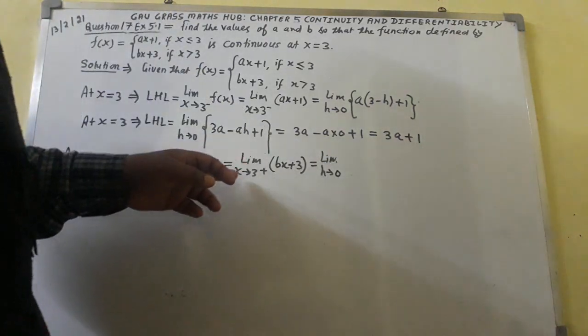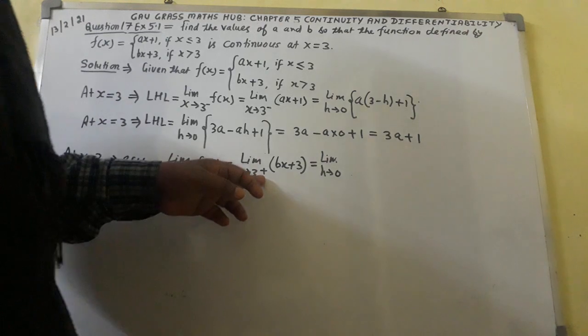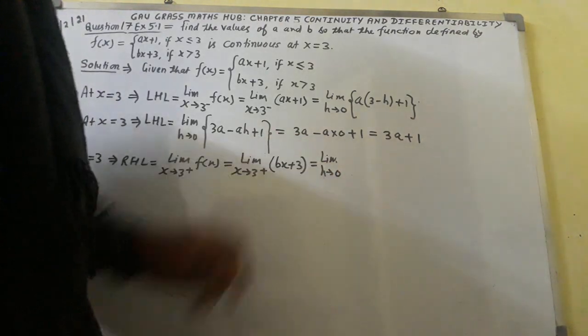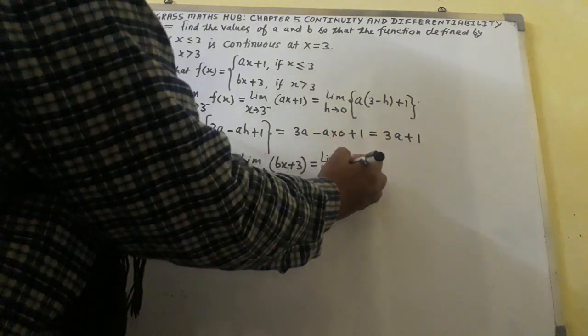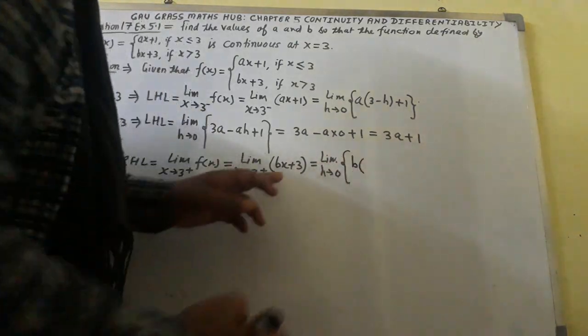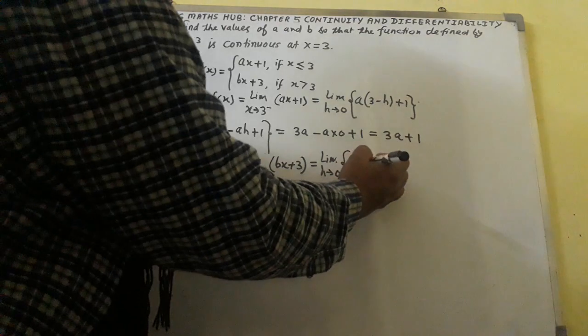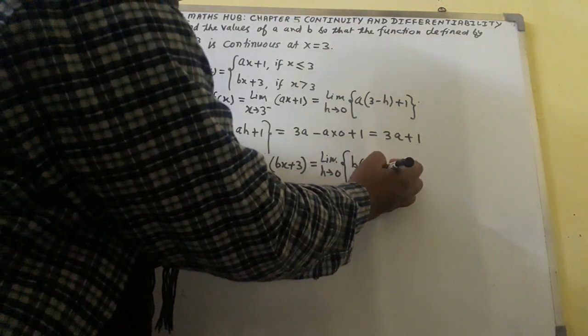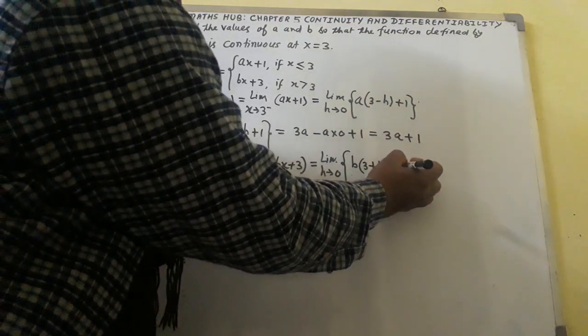Here lim x tends 3 positive is converted into lim h tends 0, when in place of x I should write 3 plus h. So here I write b times (3 plus h) plus 3.